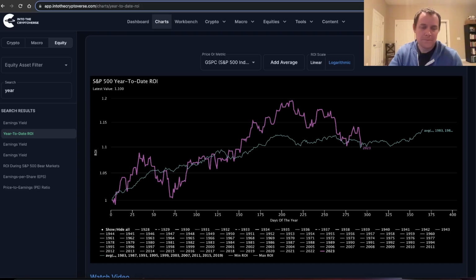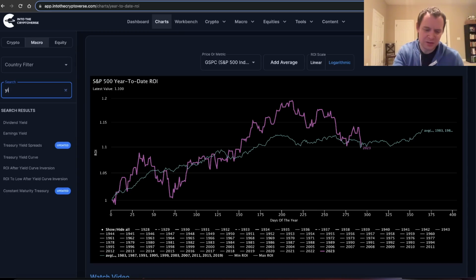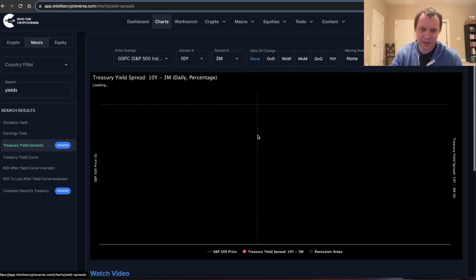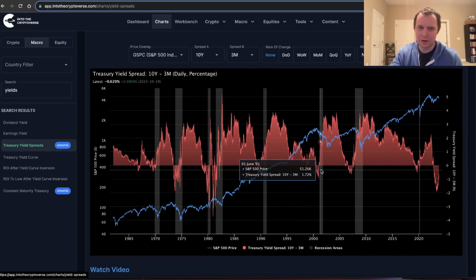So I think what we should do is look at how things behave, because the issue we come across is that a lot of investors in this day and age, and I say this like I have experience, I have no experience with these business cycles because I haven't really lived through one. But just looking at treasury yield spreads, we're living in an age where if it doesn't happen tomorrow, then it means it's not happening, right?